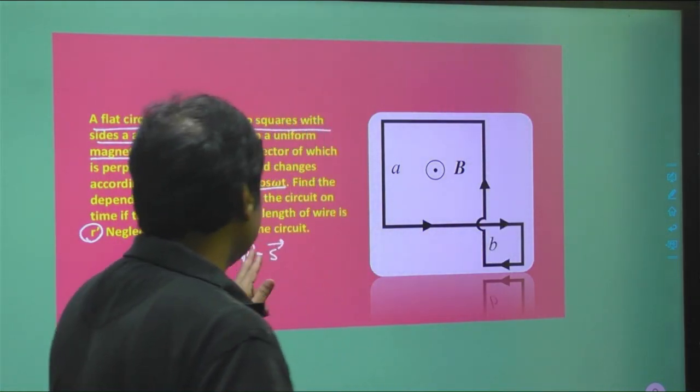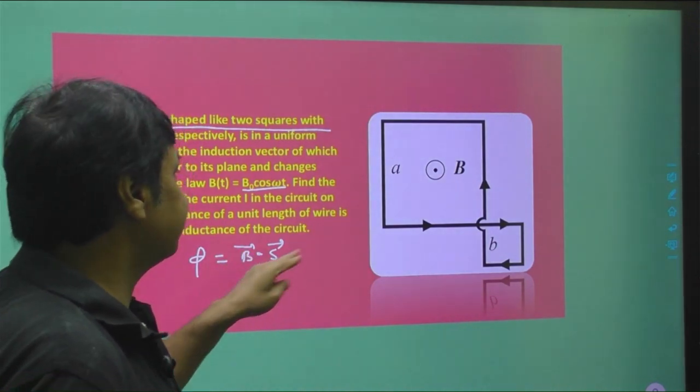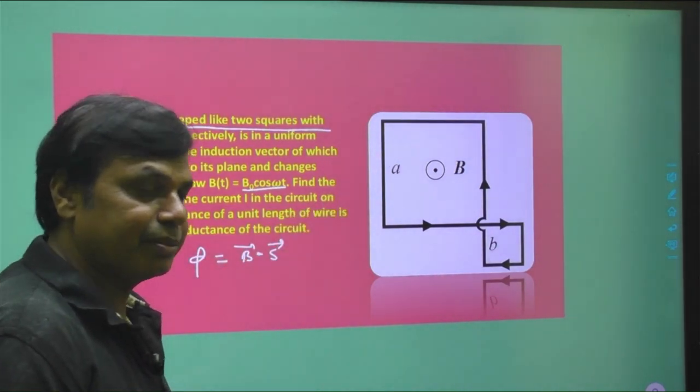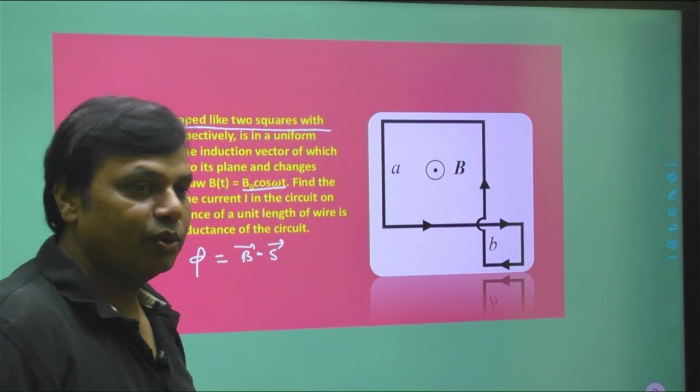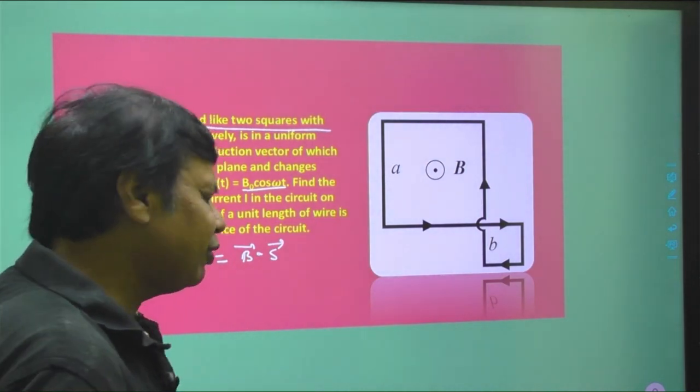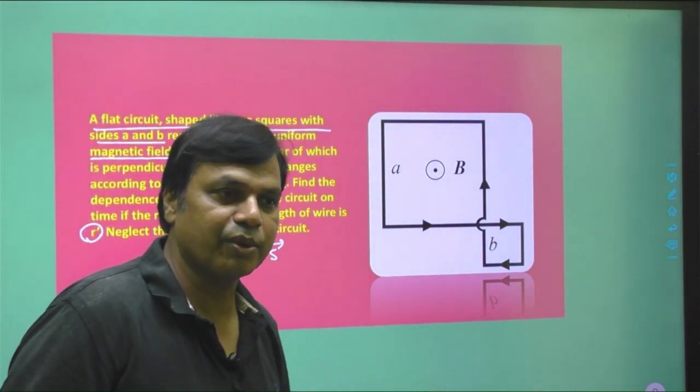That means the B dot dS for the upper square is positive, and the value of B dot dS for the lower square will be negative.